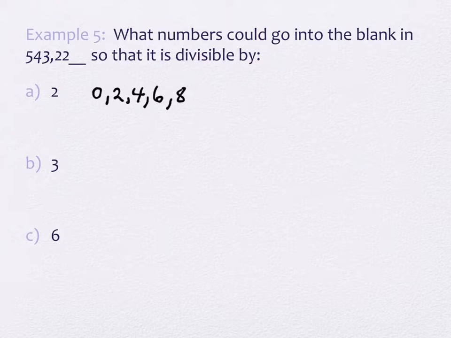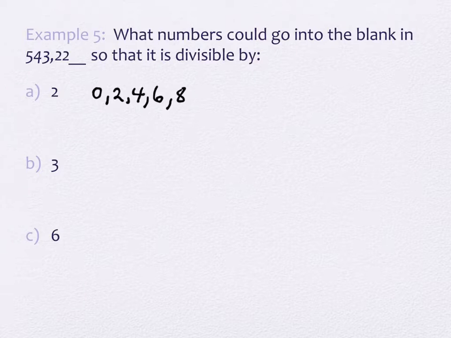What about if I wanted to make it divisible by 3? The divisibility rule for 3 has nothing to do with how it ends. What's the divisibility rule for 3? The sum has to be divisible. Yeah, the sum of the numbers has to be divisible by 3.